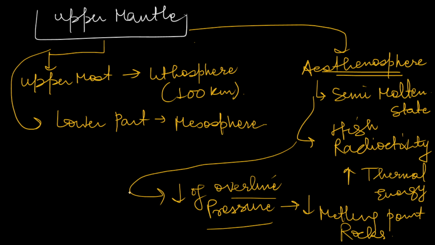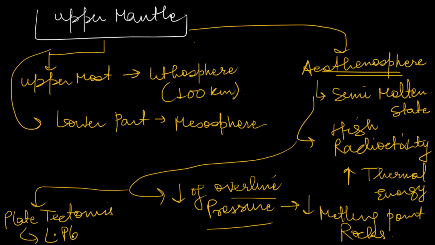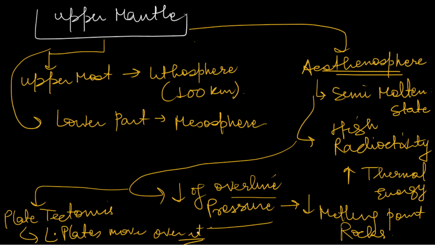This layer is part of plate tectonics, that is, the lithosphere plates move over it. So these are the important points about the asthenosphere. Please do write them down. Now let's move to the next part of the mantle, that is the lower mantle.